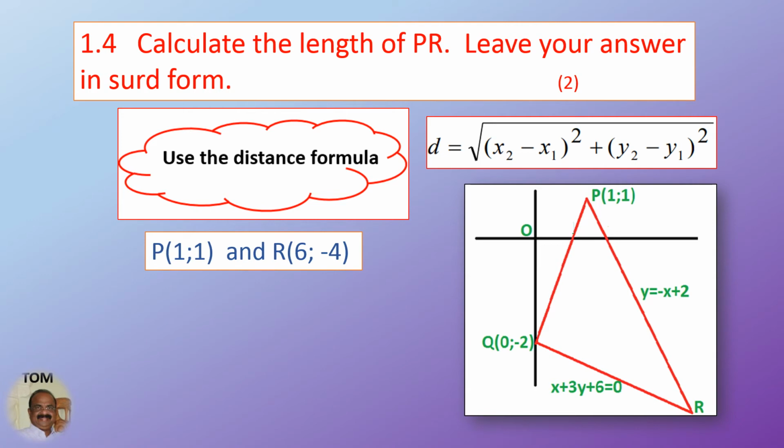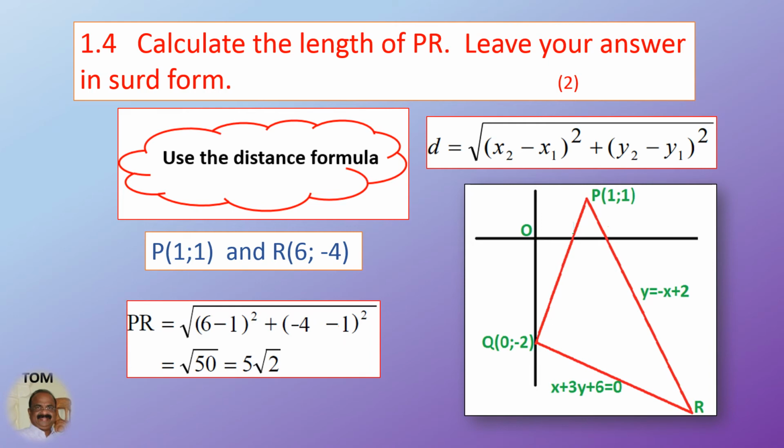Therefore, the length of PR using the distance formula, root of (x2 minus x1) whole square plus (y2 minus y1) whole square. We substitute the coordinates of P and R. We get PR equal to root of 50, which is simplified to 5 root 2 in surd form.